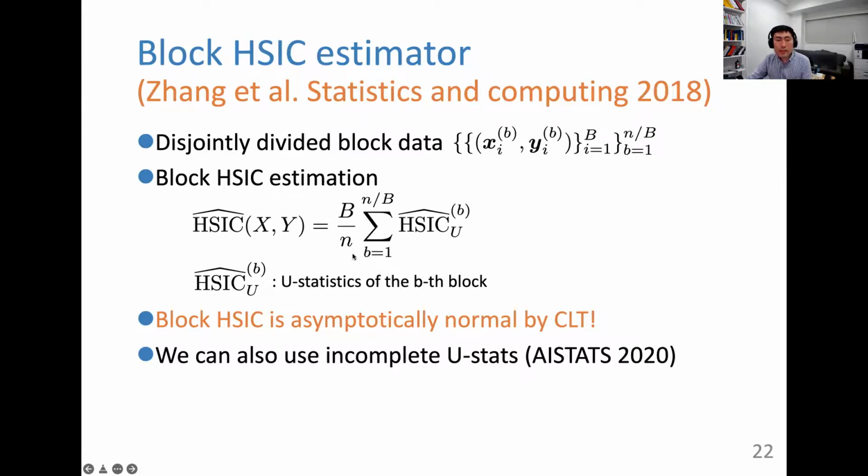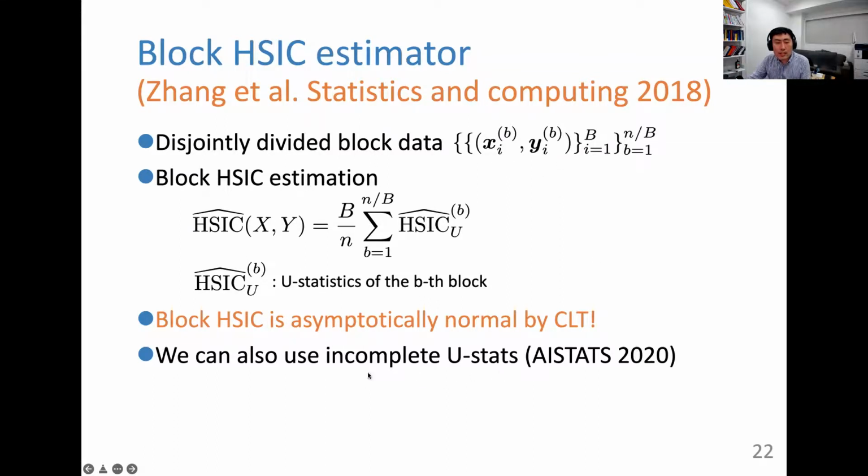Basically, we can use the block estimate, then apply the polynomial lemma, and then do the testing. Another solution is to use the incomplete U-statistics version. This is also possible, but this one is much easier because we just need to split the data and then compute the HSIC for each block.